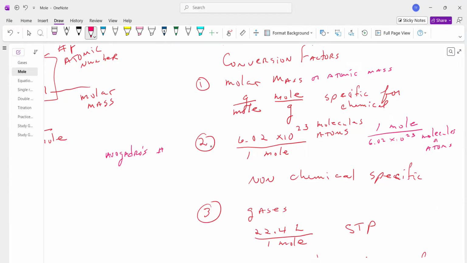Now it's just a counting number, just like dozen. You can have a mole of chickens, a mole of atoms, a mole of students. So when you see the word "how many" in a problem, flag Avogadro's number. How many molecules of water are in 10 grams of water? Okay, you use Avogadro's number.